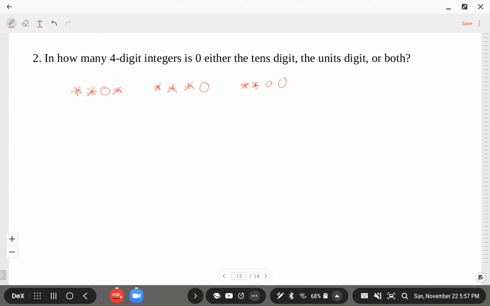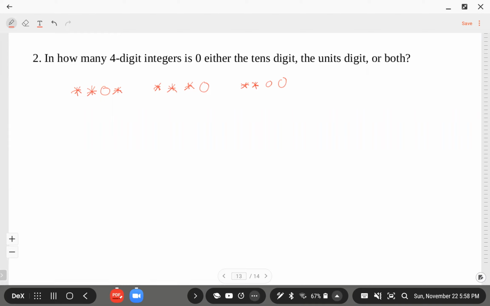The exclusion method is all the possible outcomes minus the unwanted outcomes. So let's do this.